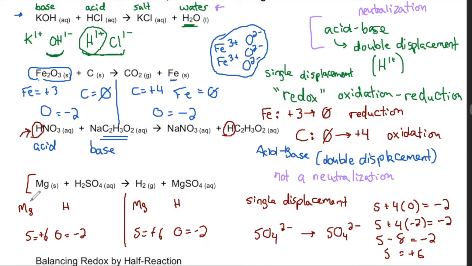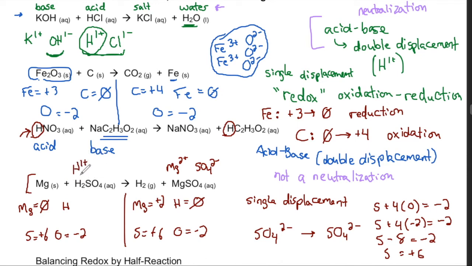Now let's take a closer look at magnesium and hydrogen. Here we have magnesium in its elemental form, so the oxidation number is 0. Here we have hydrogen in its elemental form, so the oxidation number is 0. On this side of the equation, magnesium is an ion paired with the sulfate anion, so its oxidation number is +2.